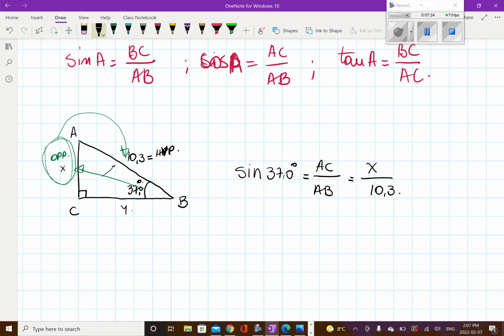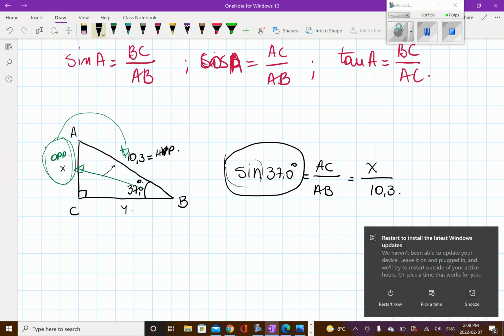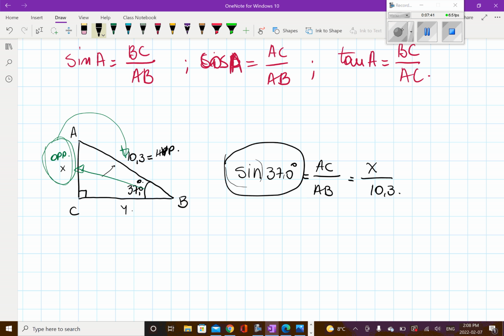So you see letters here, but actually the value of sine 37 is a value in your calculator, which you can figure out. And this will help us even when we are solving literal equations. So now this is a number, this is a number, and we are looking for the X value.